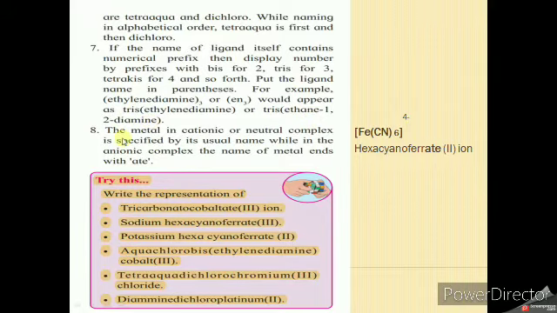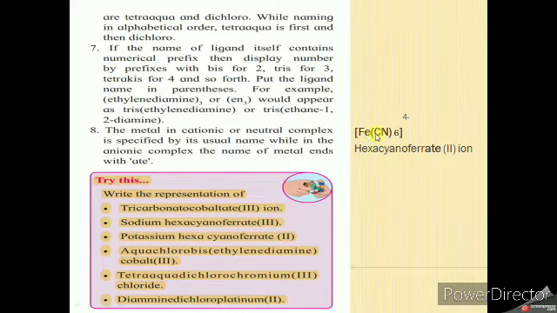Then the last rule is, the metal in a cationic or neutral complex is specified by its usual name, while in an anionic complex the name of the metal ends with ATE. So for example, [Fe(CN)6]4 minus, it is an anionic complex, and there are 6 CN ligands, CN is cyano, so hexa means 6, hexacyano.